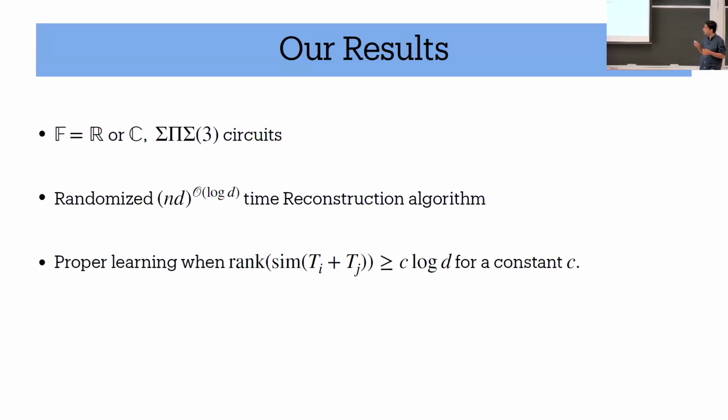Our algorithm also does proper learning when for any i, j, the rank of Ti plus Tj is at least some log D. So just think of it like any two gates at least differ on some log D independent linear forms. If it's far enough, we do proper learning, and in other cases we still output a circuit, but the fan-in is higher than 3.